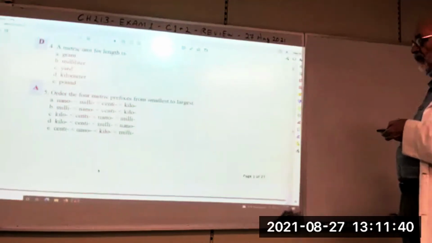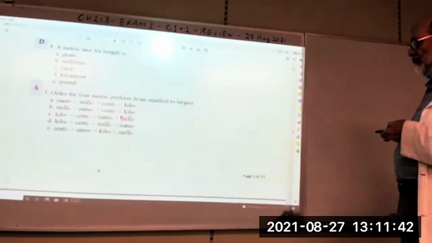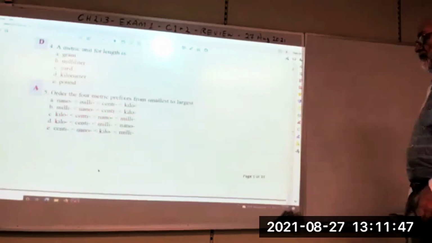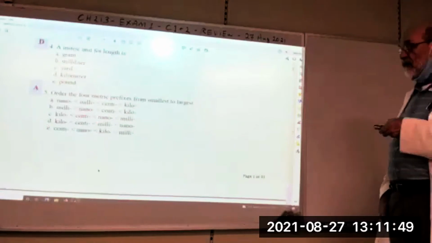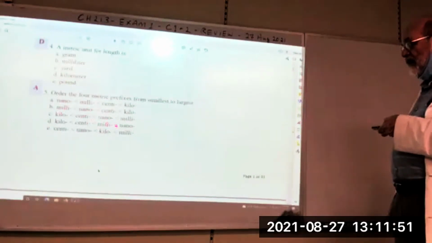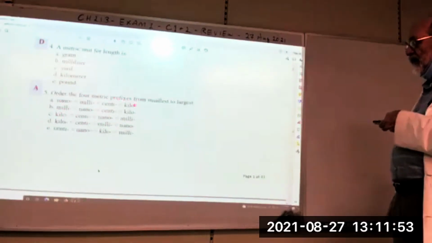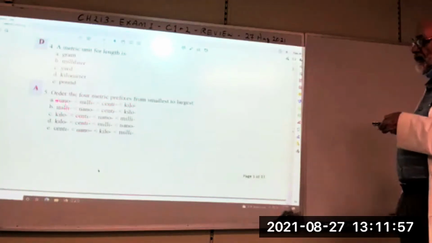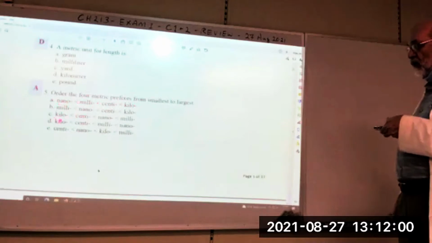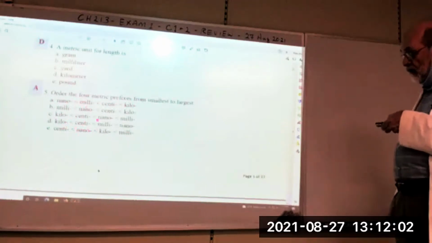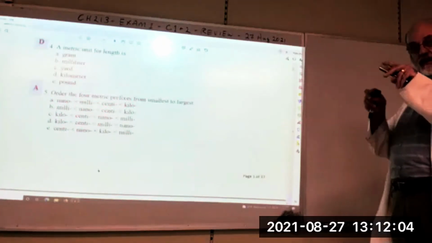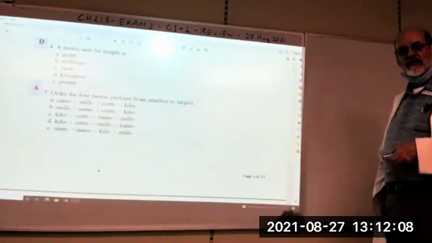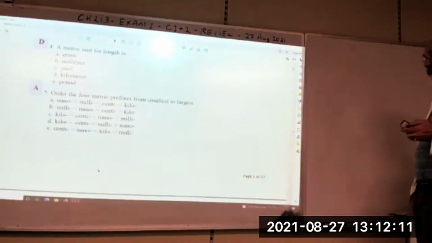Anything that's not that, you can throw out. So B's gone, C's gone, D's gone. Actually, E's gone. By doing that, we solve the problem, because none of the others match that smallest and largest. If you have a nano and a kilo here, and maybe another one down here, then you look to the internals and say which of those are in the correct order. It's a process of elimination very often.